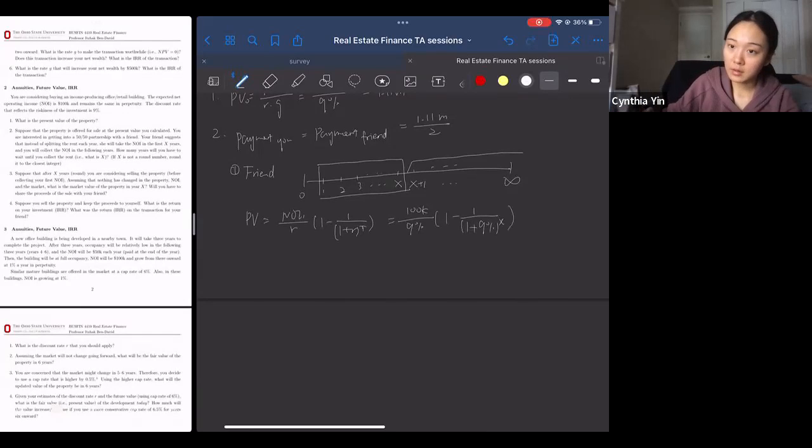And to make it a fair deal, the present value should be the same as the payment, which equals 1.11 million divided by 2. So this is the one you're looking for.